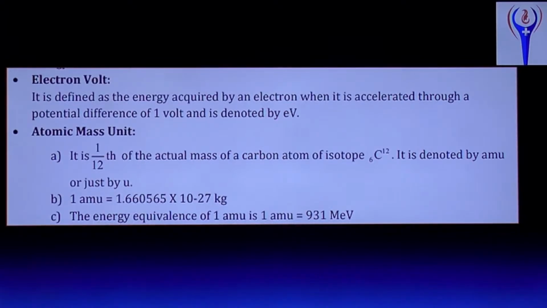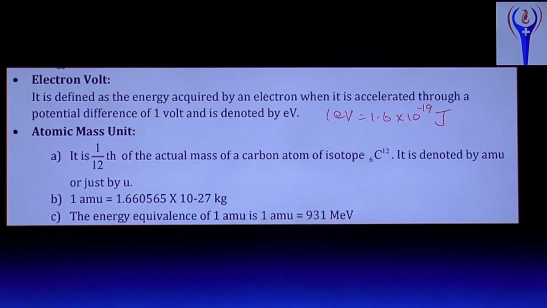And what is the relation between 1 eV and joules? 1 eV equals 1.6 into 10 power minus 19 joules. This is the conversion of electron volt and joules.